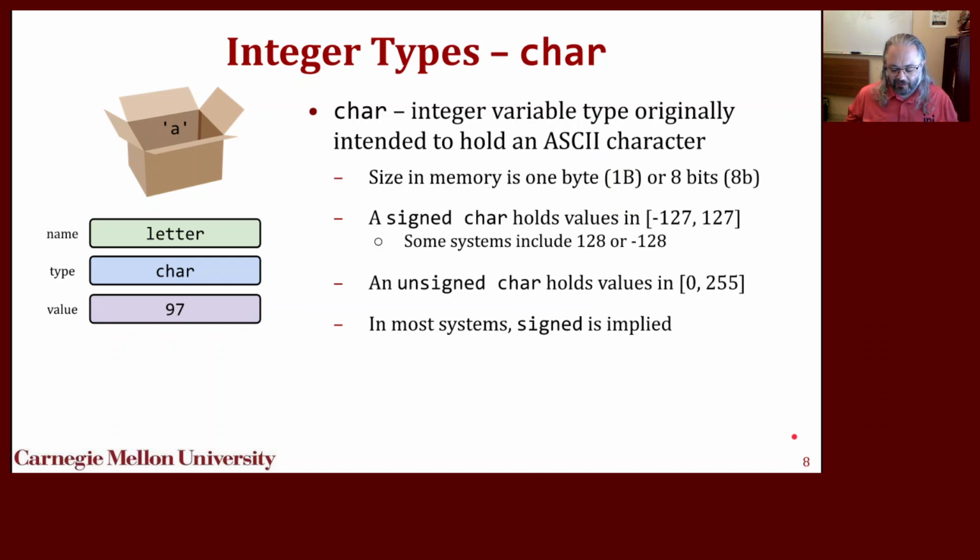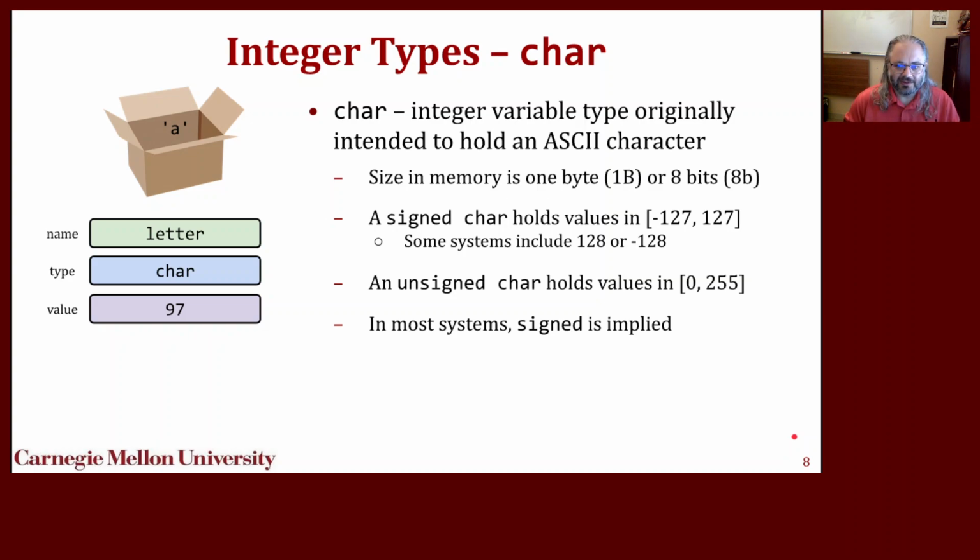The first and simplest integer type is a variable type called char, which was originally intended to hold a single ASCII encoded character. A single ASCII character is encoded using 7 bits, and so the intention was to store this in as few bytes as possible, namely 1 byte or 8 bits.